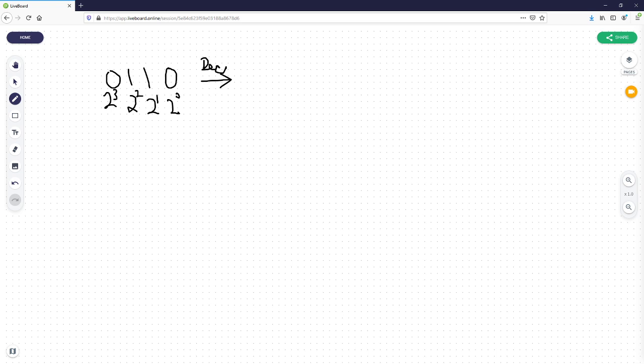So here, we have a 1 in the 2 to the 1's place, so we get a 2. Plus 2 squared is equal to 4. So we're going to get 2 plus 4 is equal to 6. Cool. All right, let's do it again.